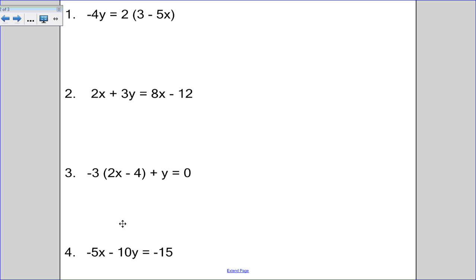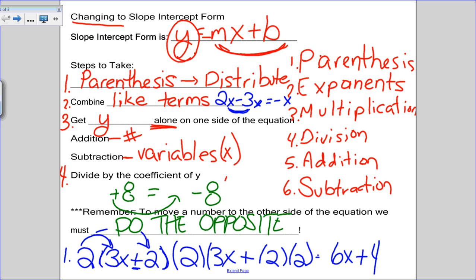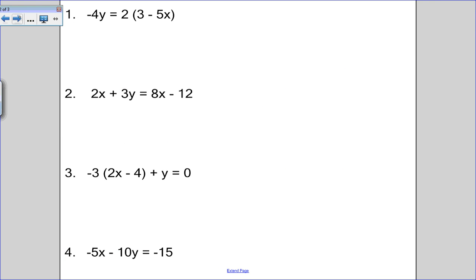All right, our very first problem up there is negative 4y equals 2, parentheses, so that means multiplication, 3 minus 5x, close parentheses. Okay, guys, what do we do on this one? Let's go back and look at our steps. What we said, the very first thing we're looking for, if there's parentheses, we're distributing. Do you see parentheses in my first problem?